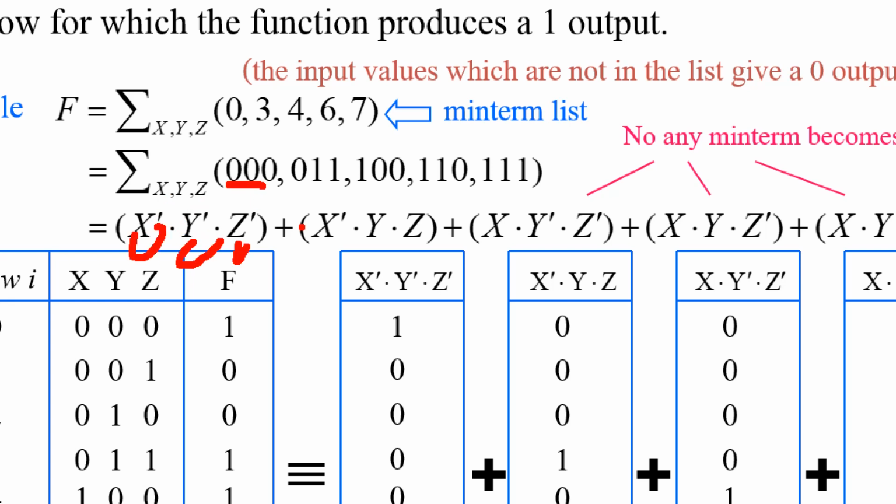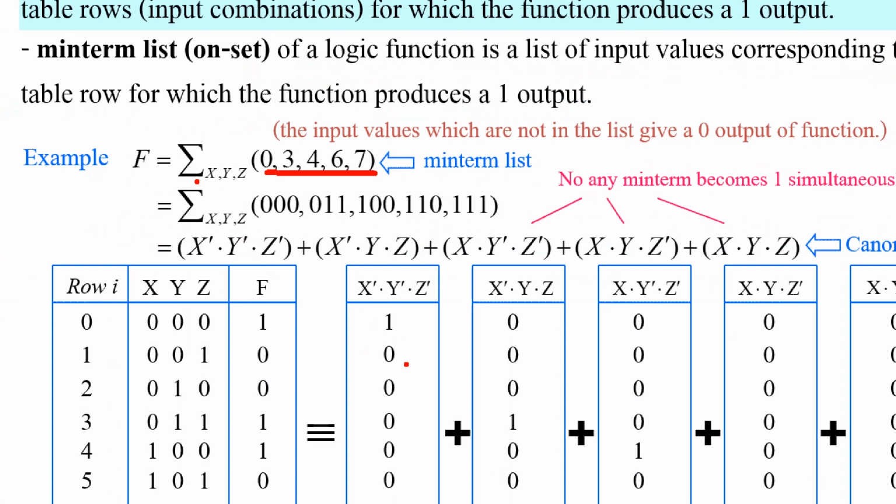Then you write 0, 0, 0 here. For this term, it will be 1 when x is 0, y is 1, z is 1, right? So you write the values of x, y, and z as 0, 1, 1 here, and so on. Or you can write in decimal form, but you must be careful about the order of the input variables.